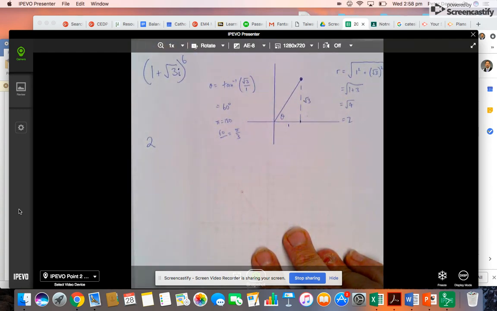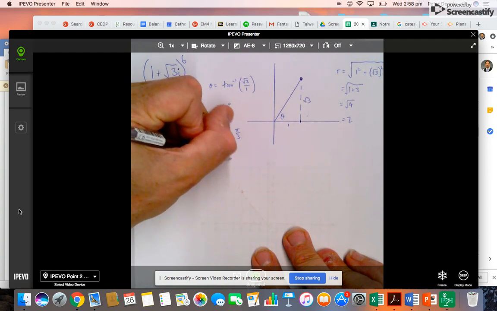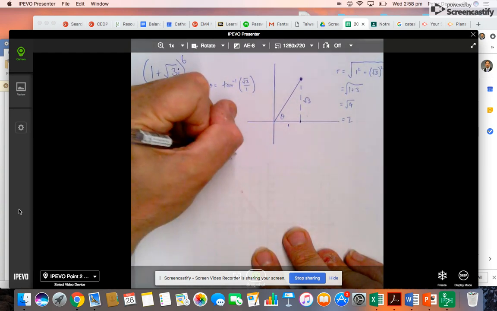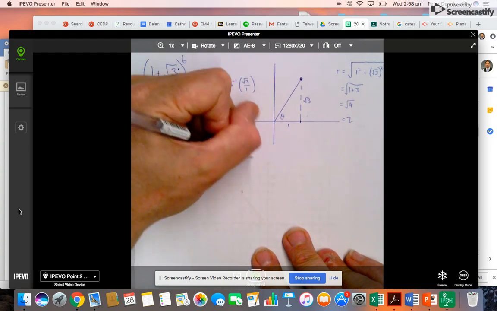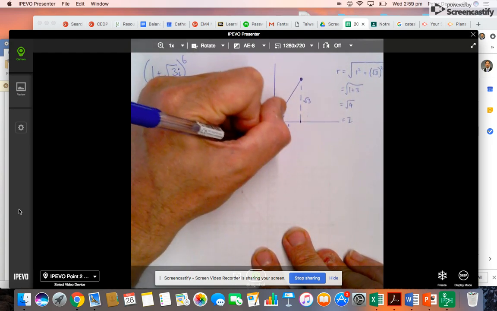So now the way we can write that in polar coordinates is we're going to write it as 2 cis theta. And what that really means is 2 cos pi over 3 plus 2i sine pi over 3.